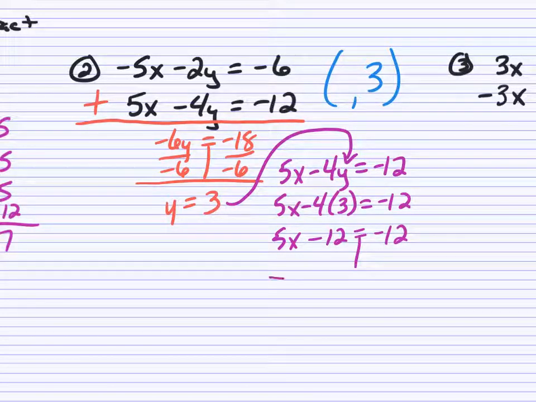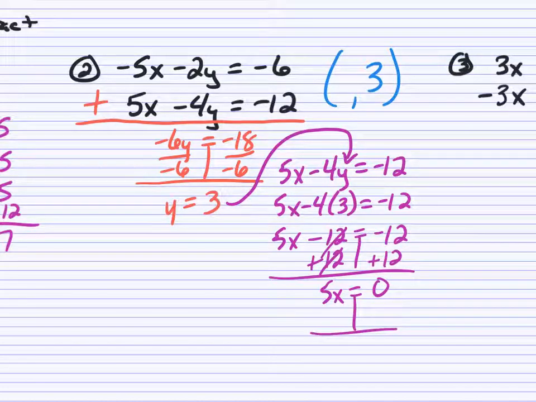Add 12 to both sides. And we get 5x equals 0. Divide by 5. And x equals 0. So these two lines would intersect at the point 0, 3.